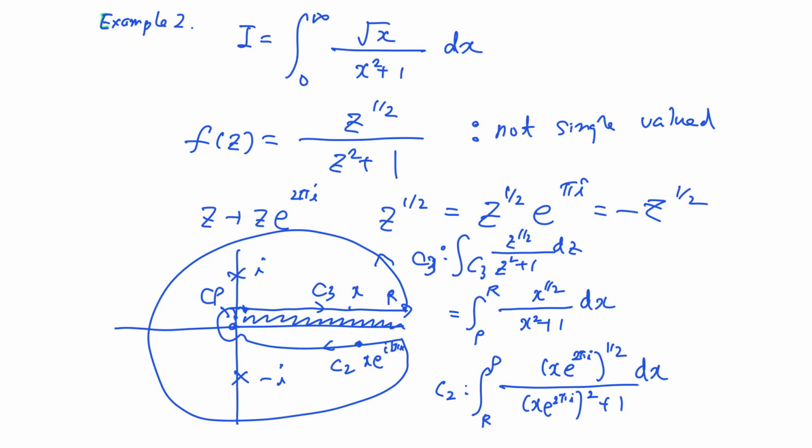So this is the integral from R to rho of minus square root of x over x squared plus 1 dx, and becomes the integral from rho to R of square root of x over x squared plus 1 dx.